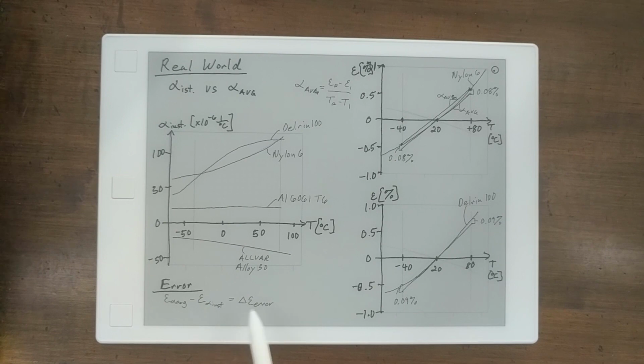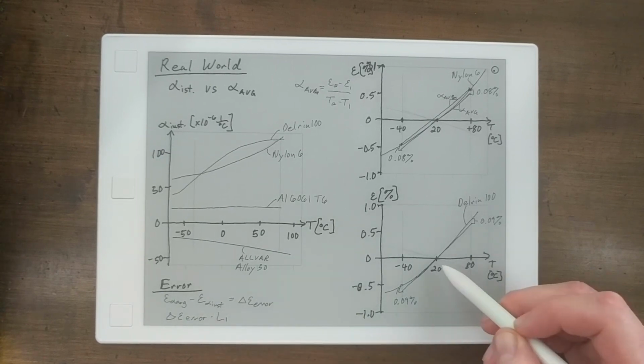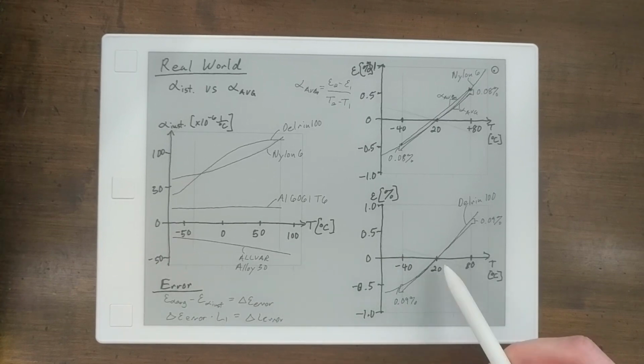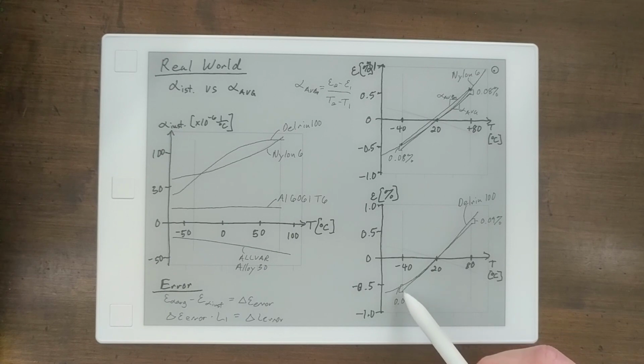And if you want to understand how this will impact a component, you can take your difference in strain due to this error and multiply it times L1, being the original length, or the length at room temperature, of your component. And that would be the difference in length, or the error associated with a real-world component compared to the calculation.